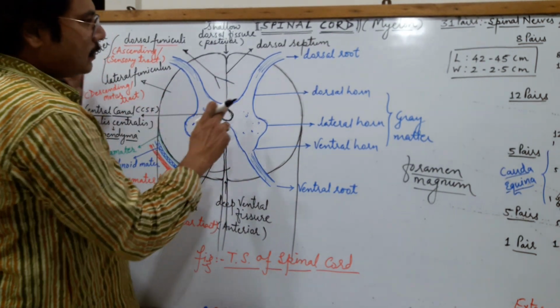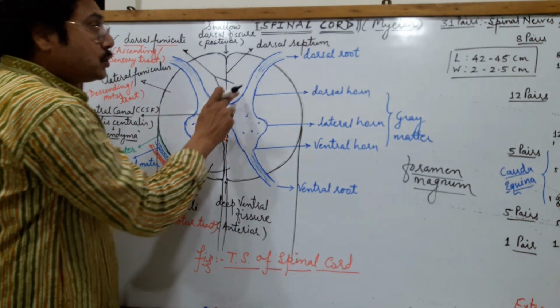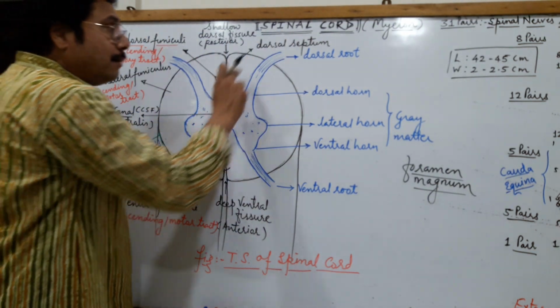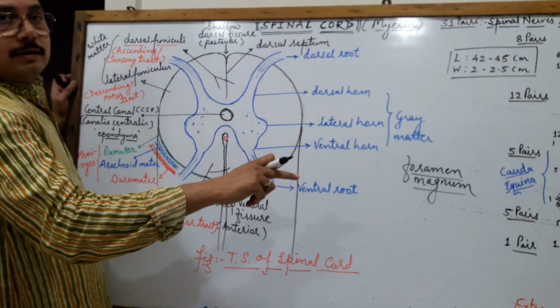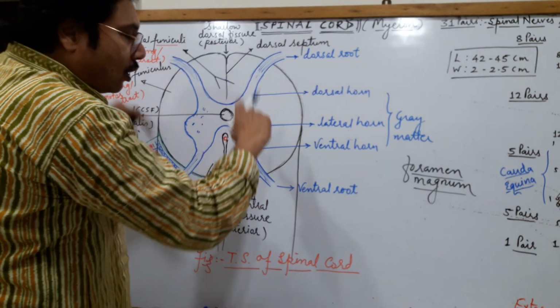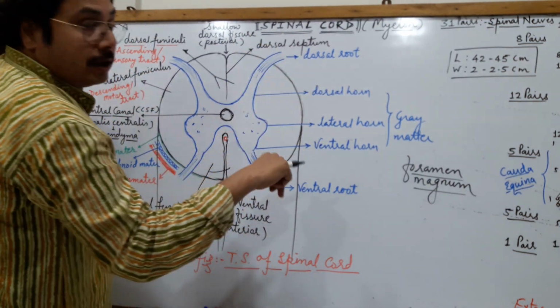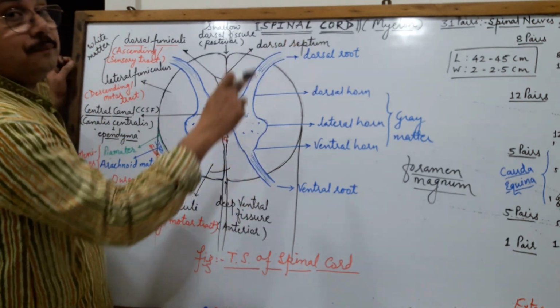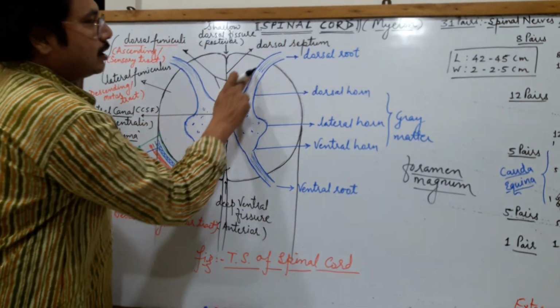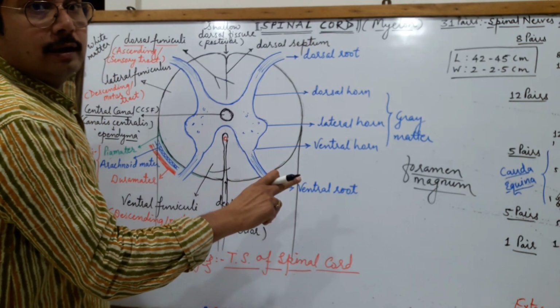Now these paired dorsal horns continue and come out of the spinal cord, on the right and left sides. The paired dorsal horn and paired ventral horn come out as the respective roots of the spinal nerve. Dorsal horn comes out as the dorsal root, ventral horn comes out as the ventral root.